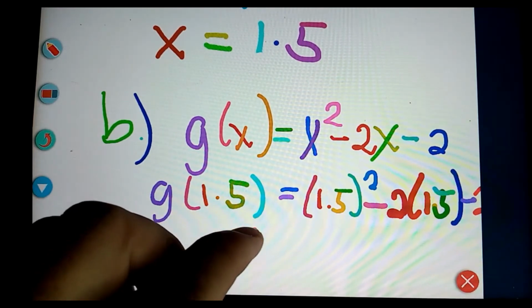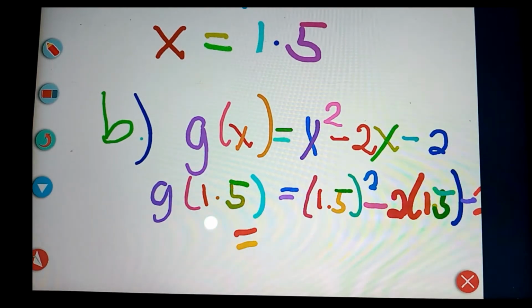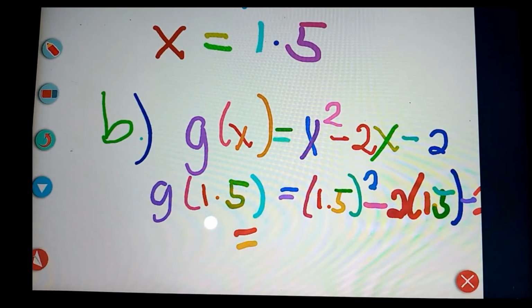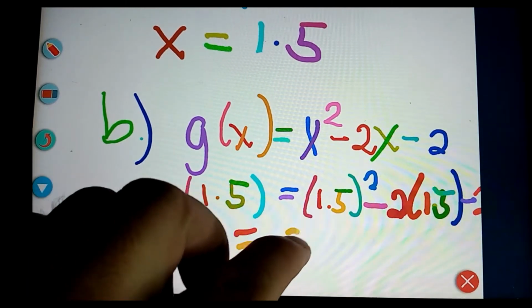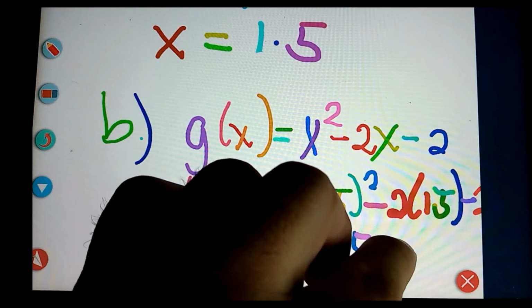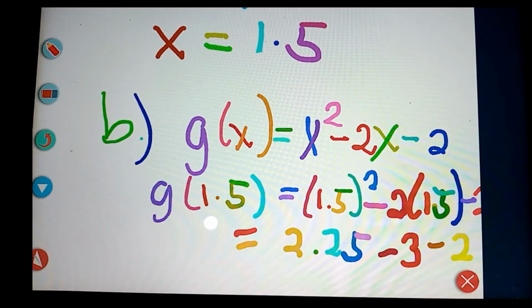So 1.5 squared is 2.25, minus 3 minus 2.